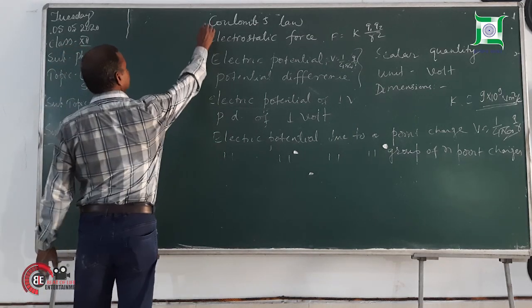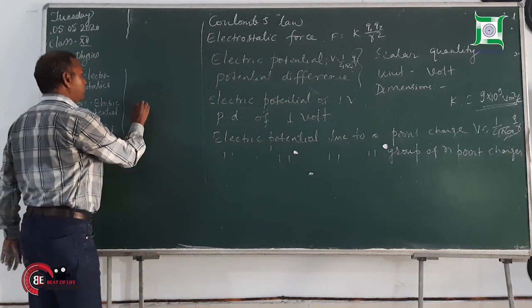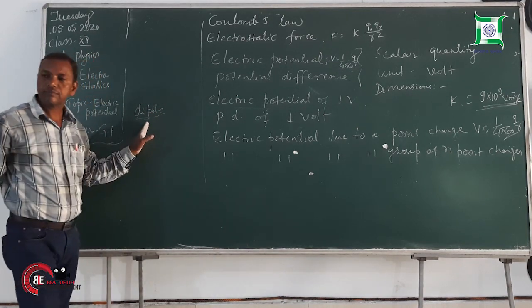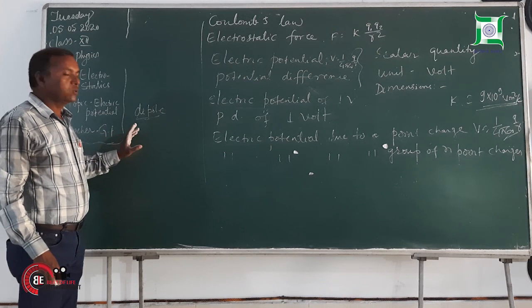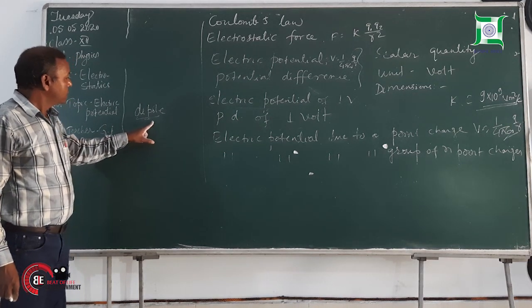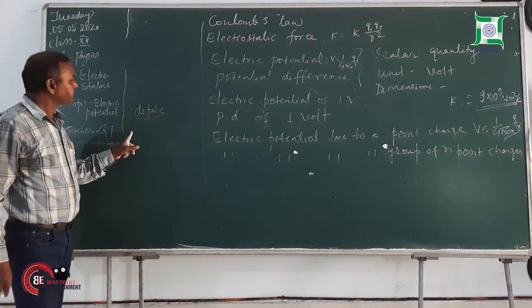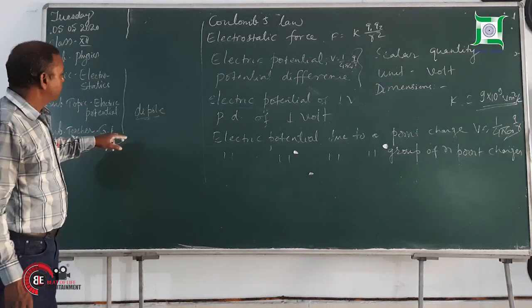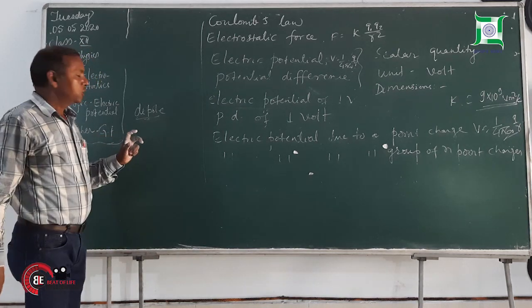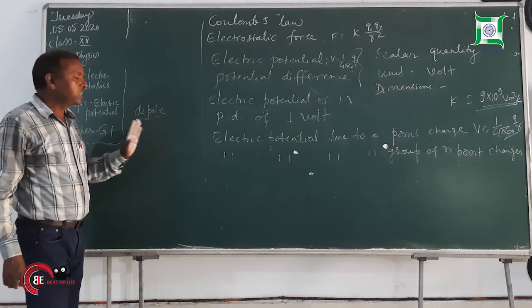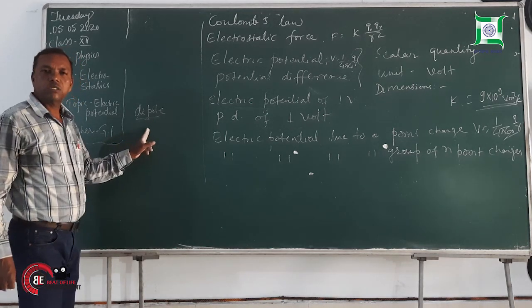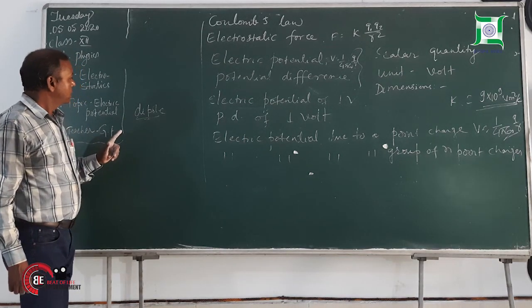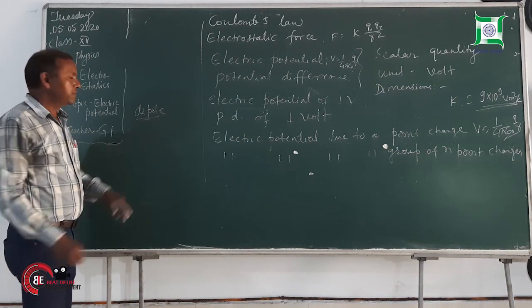What is a dipole? Previously we have studied this. A dipole consists of 2 equal and opposite point charges separated by some distance.